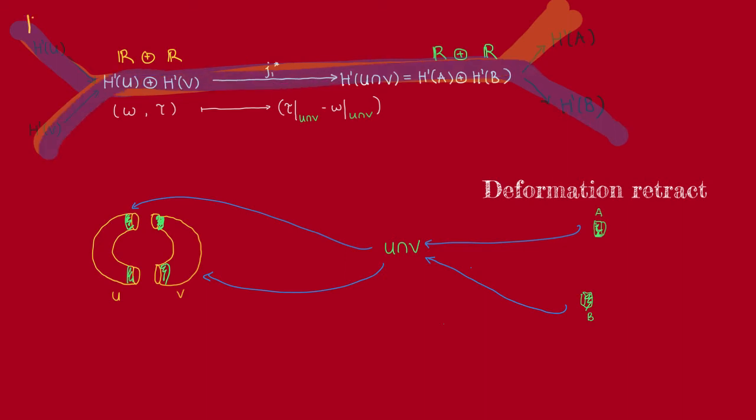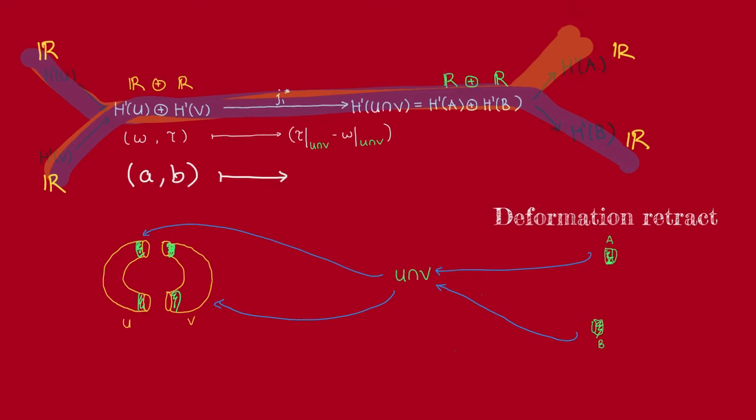Now if we identify each of these cohomology groups with R, then we can find an explicit formula for this map as follows. So let's say we start with some point (A, B) here. Let's see what it should map to. What is this B restricted to U intersect V? What is the image of this B in H1 of U intersect V?